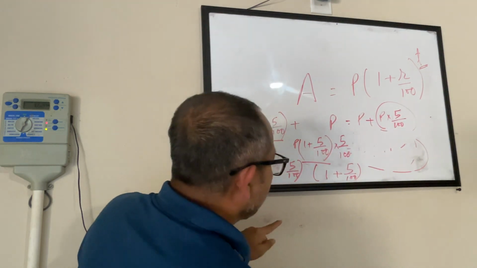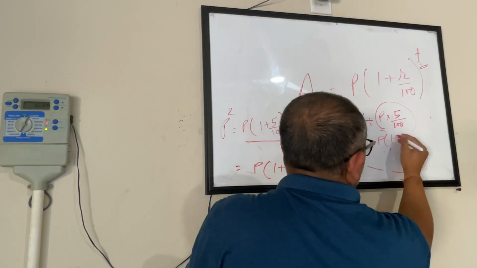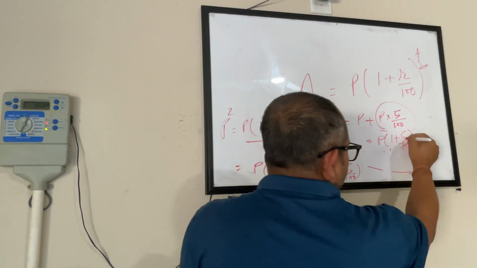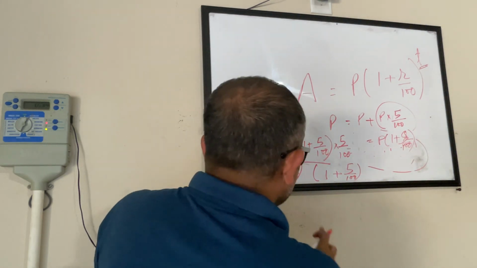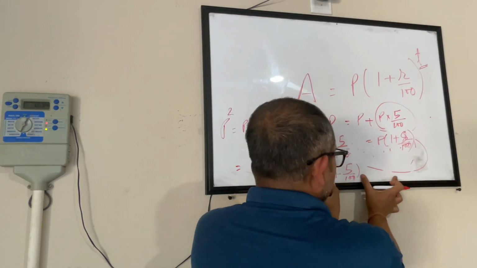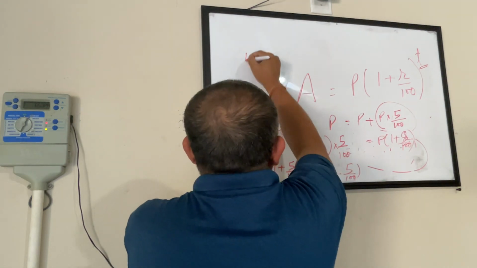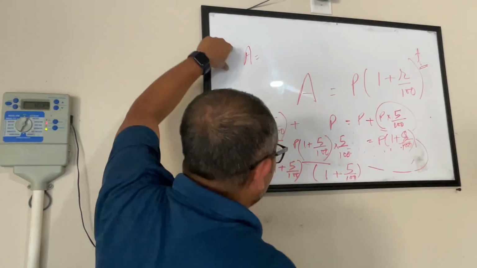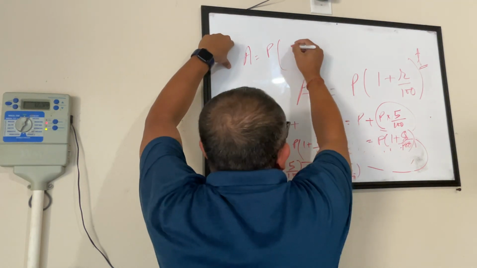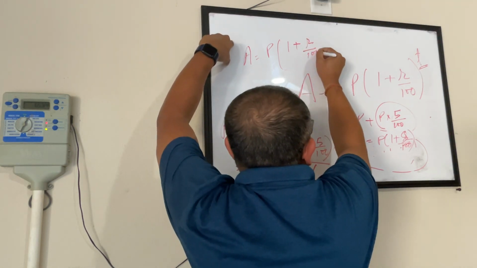So what you see is, in the first year it became P into 1 plus 5 by 100, where 5 is nothing but my rate of interest. I can put this as R also. In the second year I got 2 of this. In the third year I'll get 3 of this. So that is why, in general form, the new amount after n number of years, with compound interest, will make your principal change to P times 1 plus the rate of interest divided by 100.